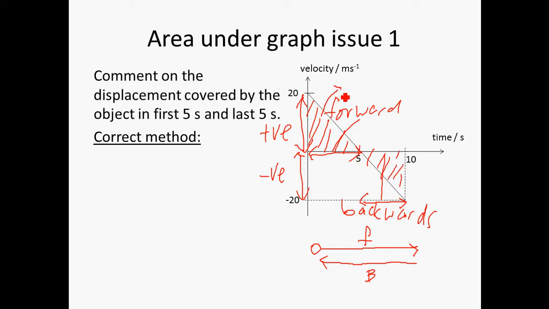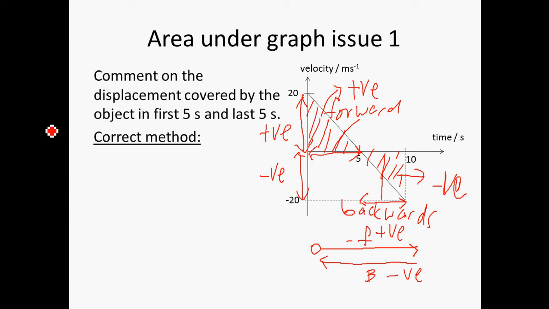This region is positive because it's moving forward, and this region is negative because it's moving backward. Sorry, too much information here.